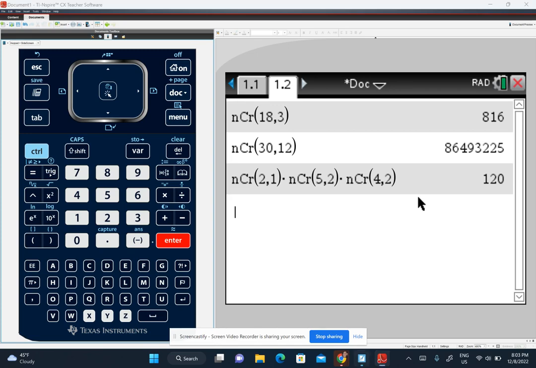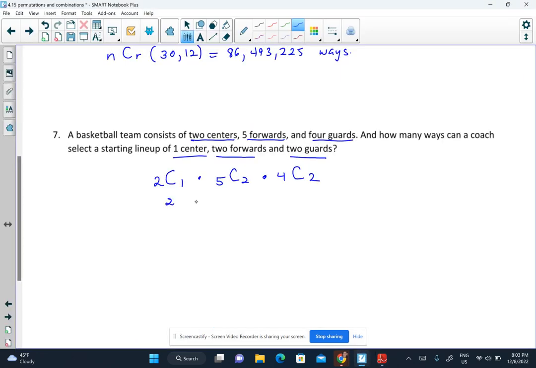And you get 120. If you did this individually, this would be 2, this would be 10, and this would be 6. And again, it would be 120 ways.